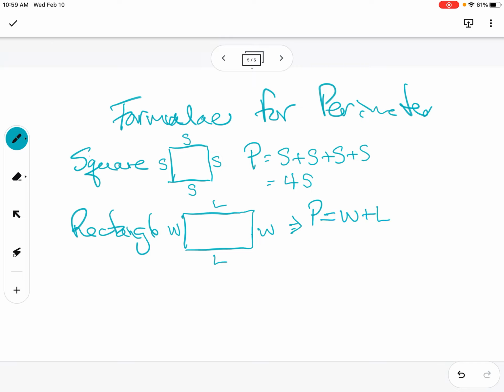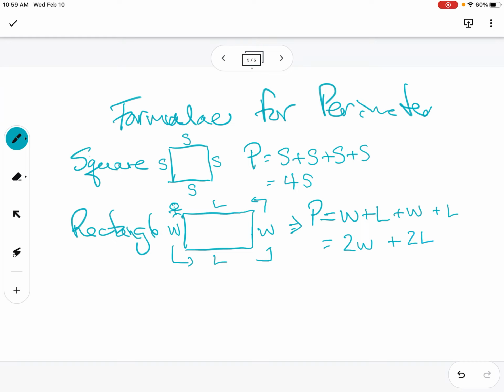Again, I'm imagining myself as a security guard starting in one corner and walking my way around the shape and measuring how far I've walked. So I will walk the width, then the bottom length, then the width up, then the top length. I could summarize this by saying that's really 2 widths plus 2 lengths.